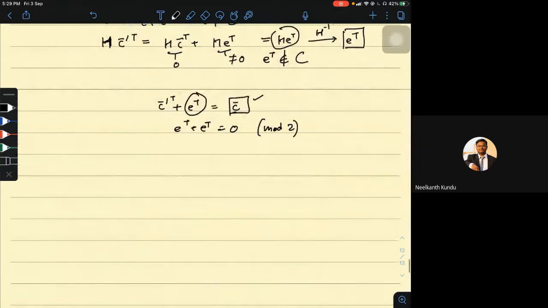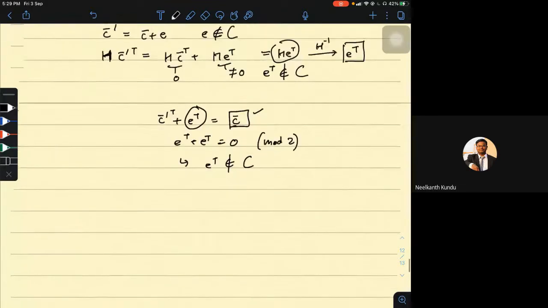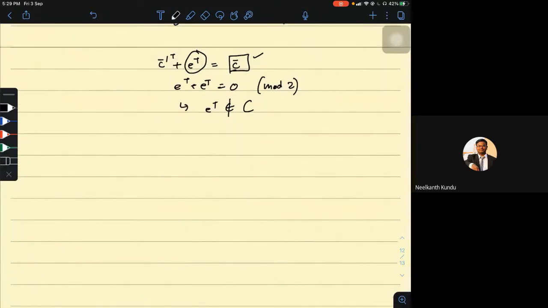This holds only when the error vector does not belong to the code space. So this is the basic idea of error correction: first, we detect the error using my parity check matrix, that is the H matrix, then I determine my error string, and then I use it to remove the error from my erroneous code word.